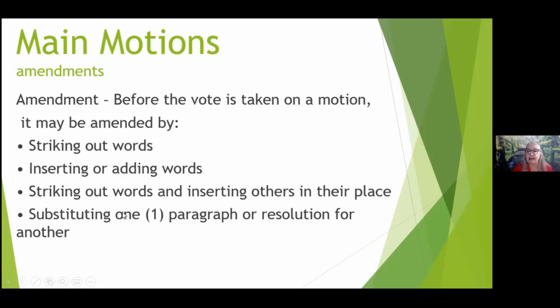They wanted to strike out some words and put some others in place of them, or they wanted to substitute a paragraph or a resolution for another one. That's how we amend something. We take something out, we put something in, we take something out and put something else in, or we just take a whole thing out and put a whole other thing in instead. Okay, that's what the amending is.